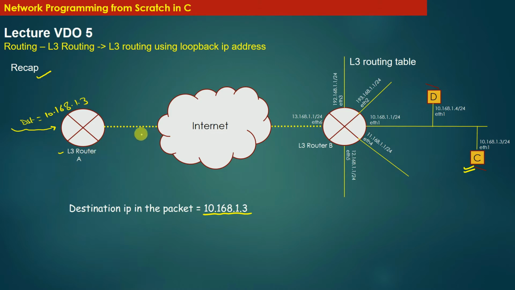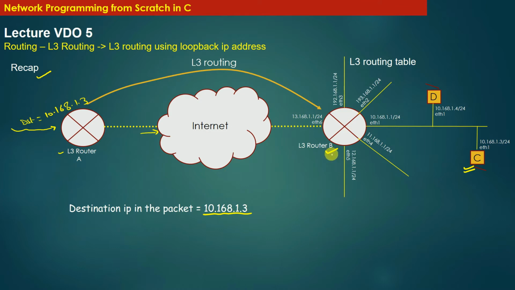The packet goes into the internet, which is nothing but a complex topology of hundreds of L3 routers. Let us say all those L3 routers route the packet, and suppose the packet eventually reaches L3 router B via L3 routing. Now what will happen once the packet reaches router B?